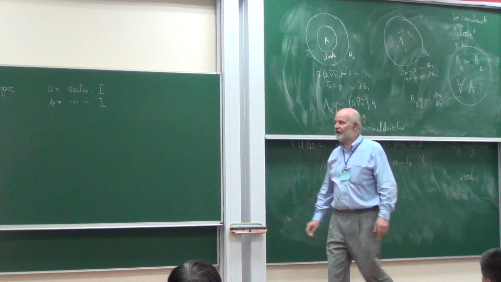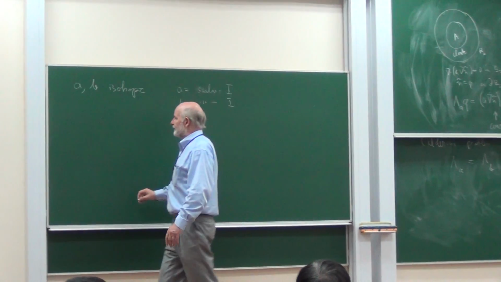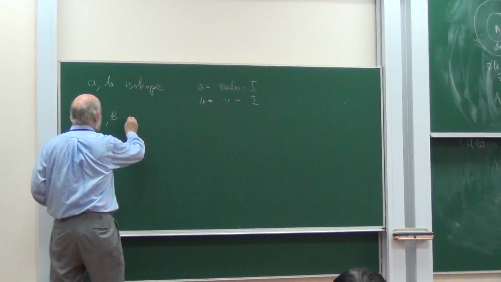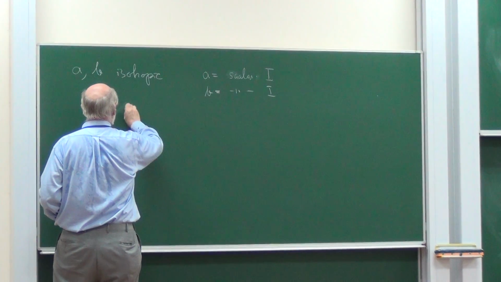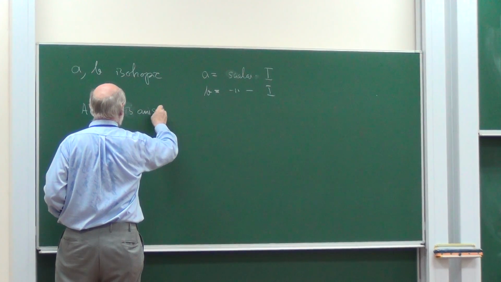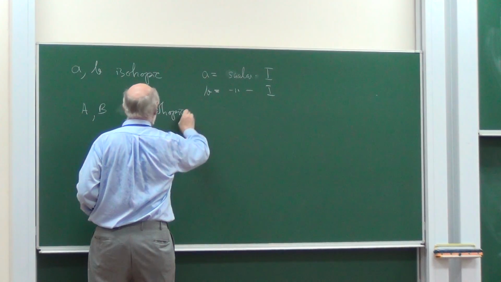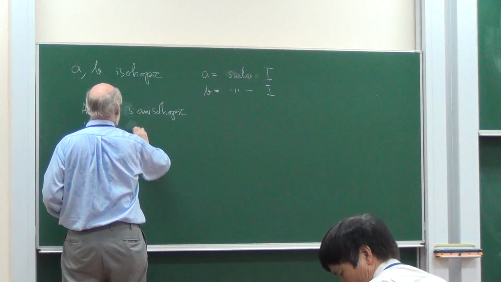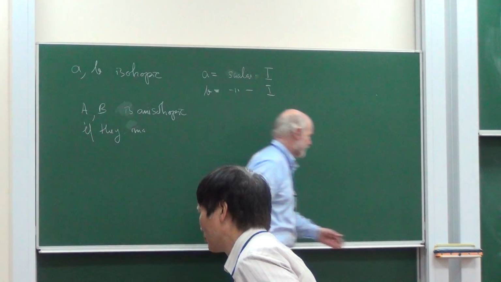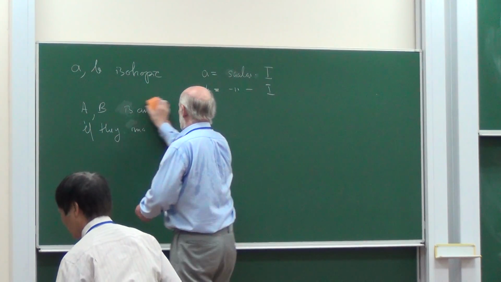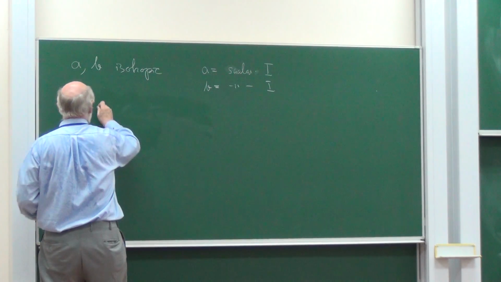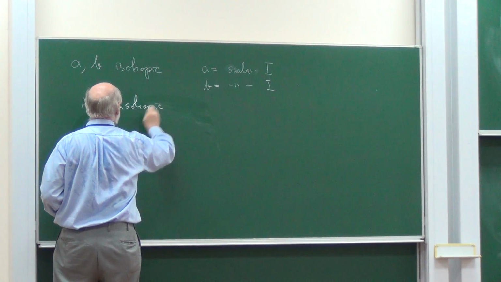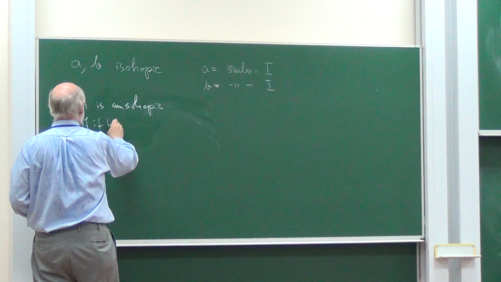This is as opposed to A and capital B being scalars. Let me say, A is anisotropic if it has different eigenvalues.